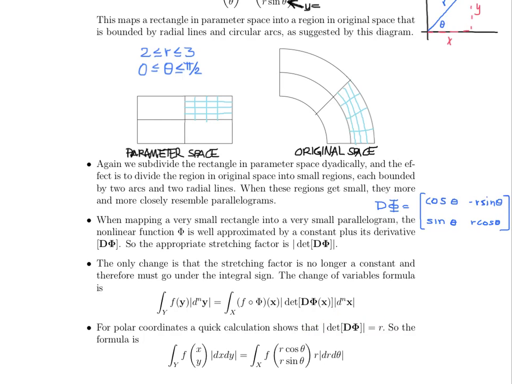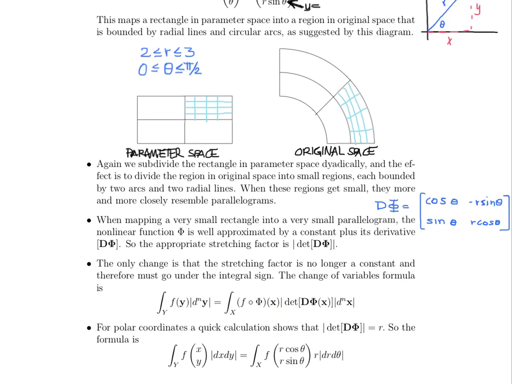Now the only change is that the stretching factor is no longer a constant, and therefore must go under the integral sign. We cannot factor it out as we did in the linear change of variables case. But regardless, the rest of this is pretty much the same. In order for us to instead compute this integral in parameter space, where this very complicated region is represented by a nice rectangle, first, we compose the function with the parametrization, phi.